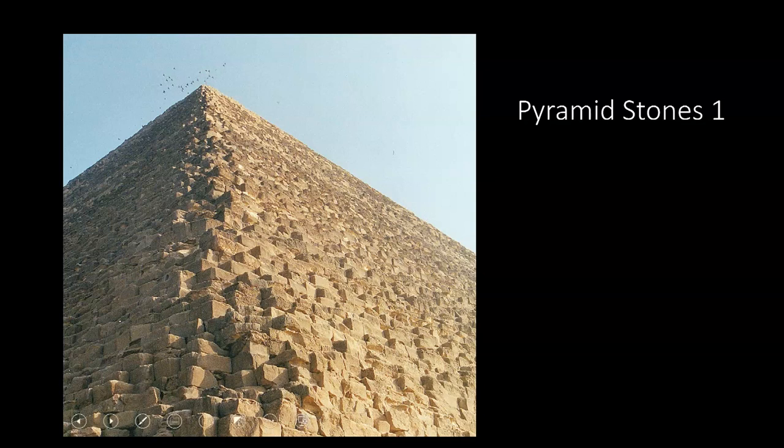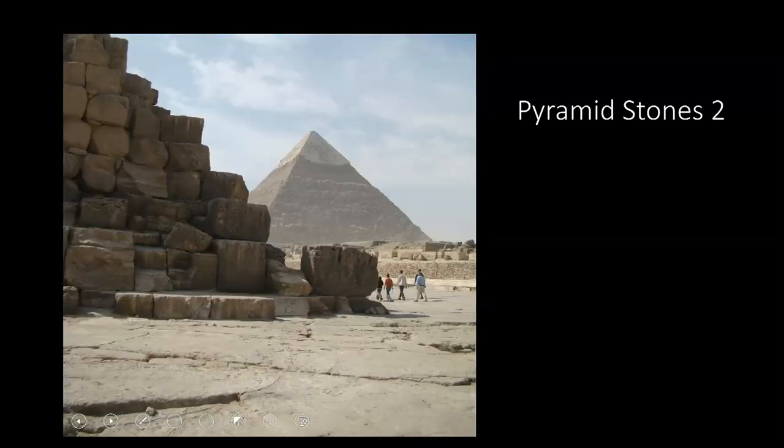So we'll take a look at a couple other examples. Like here's another one. And I like this one because it gives you a sense of some people here, and then you get to see just how big these stones that make up the pyramid are. So these stones that make up the pyramid are a lot bigger than these people, and a single person is definitely not going to be able to move these stones.